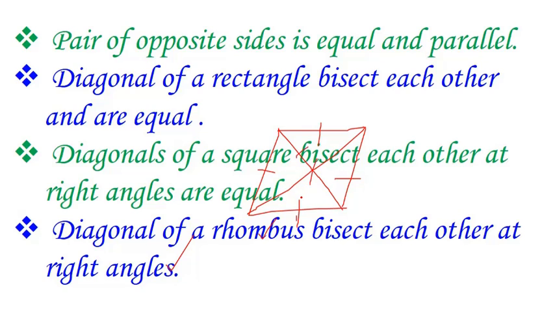So this one and this one will be the same. This one and this one will be the same. So in a rhombus, the diagonals bisect each other. There is no problem understanding this.